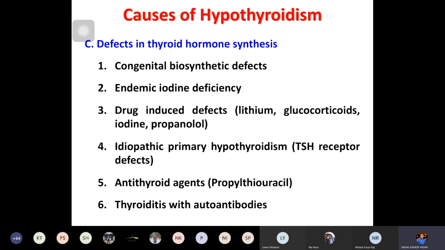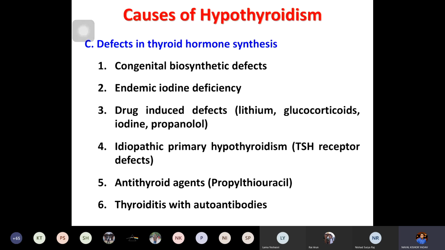Anti-thyroid agents, for example propylthiouracil, affect thyroid hormone synthesis by affecting the oxidation. The conversion of iodide to iodine will be defective with these anti-thyroid agents.